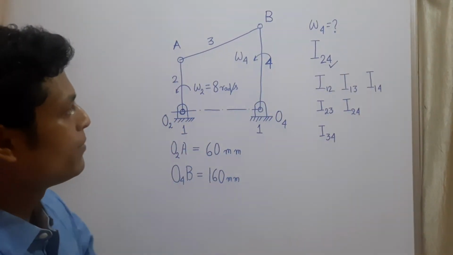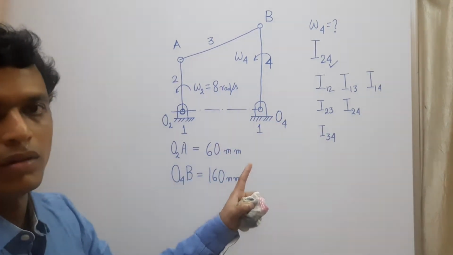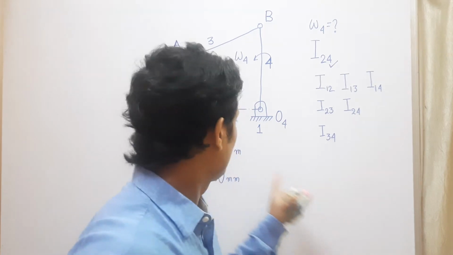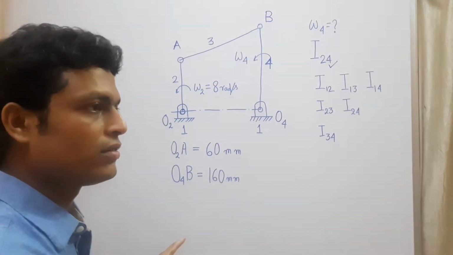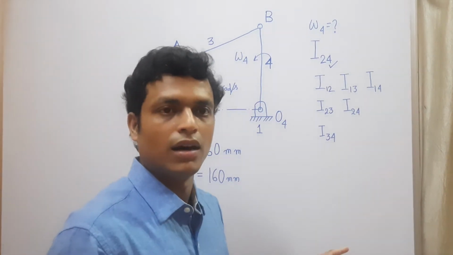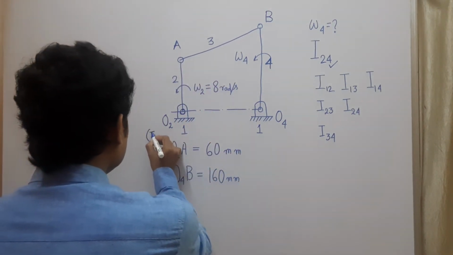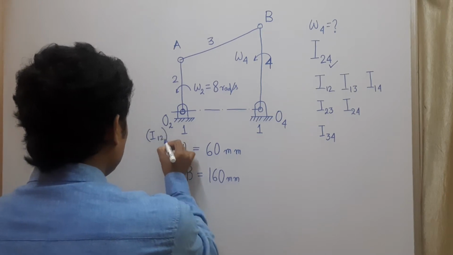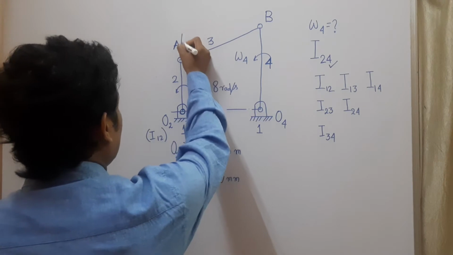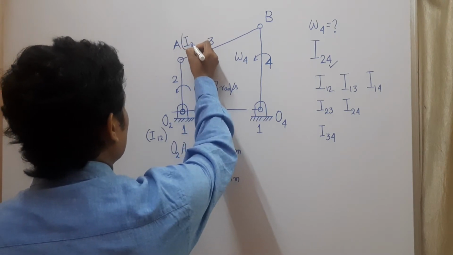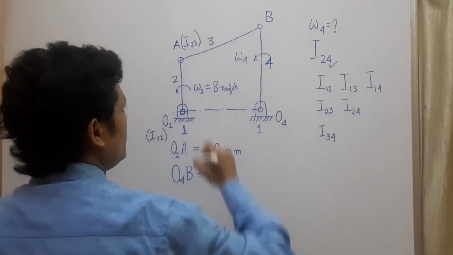Out of them we can locate 4 directly, because 4 revolute joints are there, and the centers of the revolute joints are the relative instantaneous centers. O2 is I12, because O2 joins link 1 and 2. A is I23, because A joins link 2 and 3.